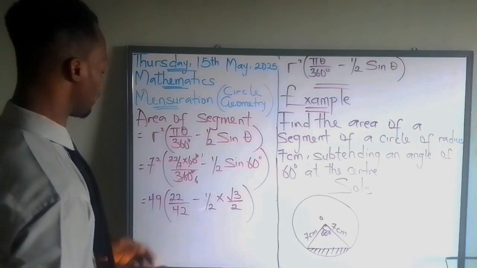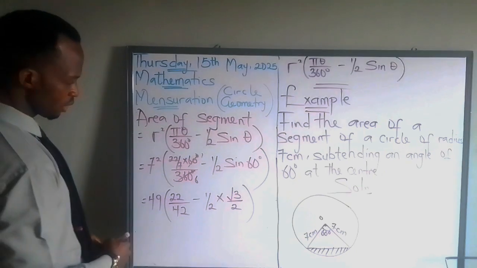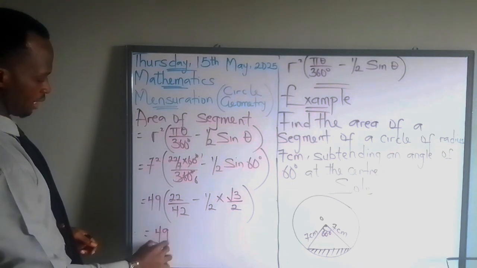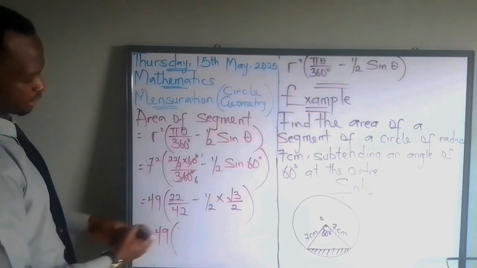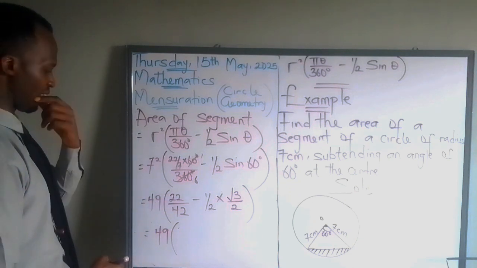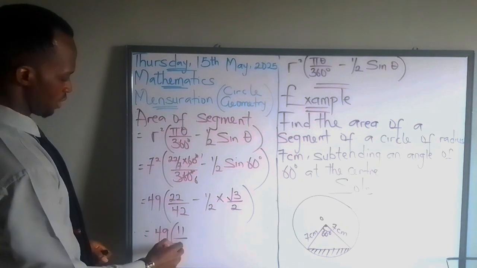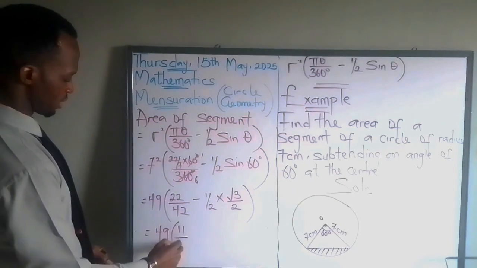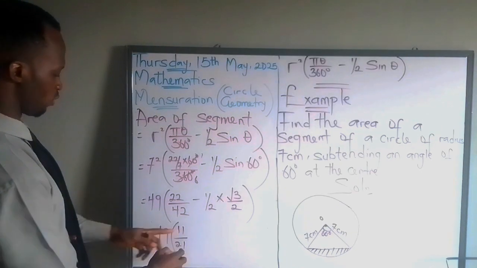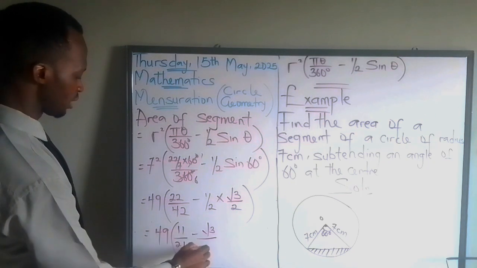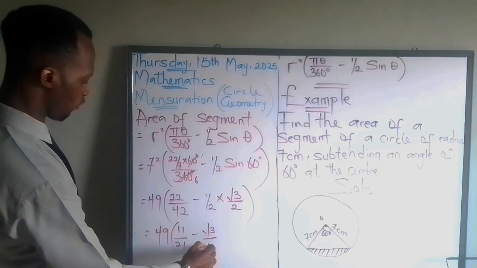So here let's continue this 49, let's break this down. Let's see what can divide this. This will be 11 over 21, minus root 3 divided by 2 times 2 is 4.